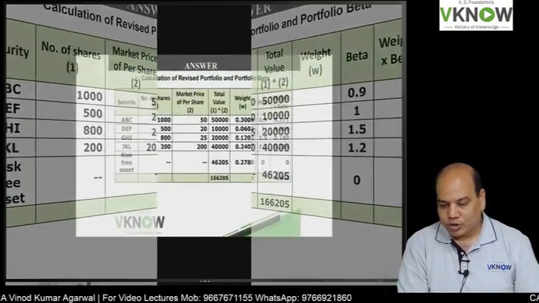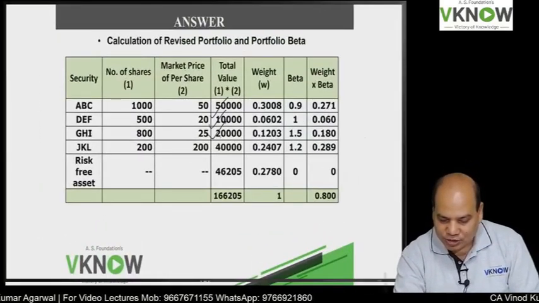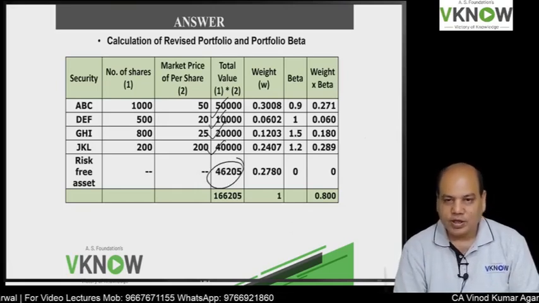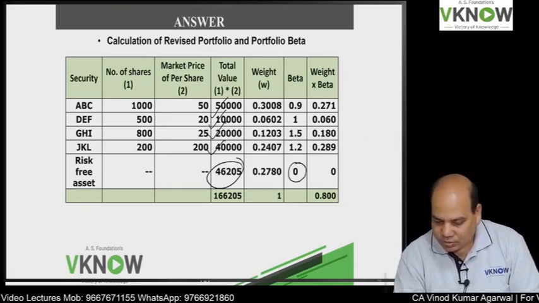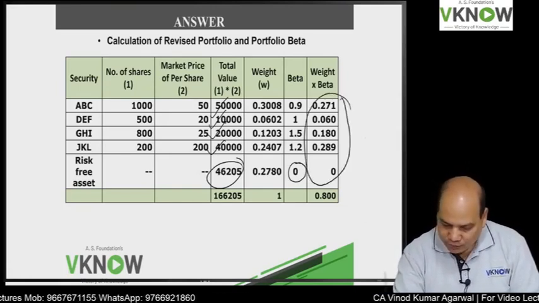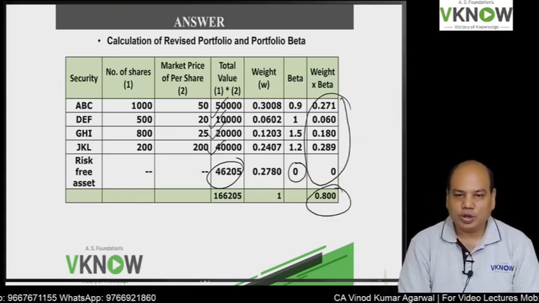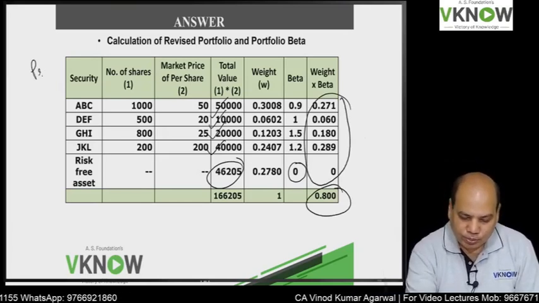What you will do is take A, B, C, D, E, F, G, H, I, J, K, L same, only add here risk-free asset 46,205, beta of risk-free asset 0, solve it and prove that the total will be 0.8. So this is the proof.